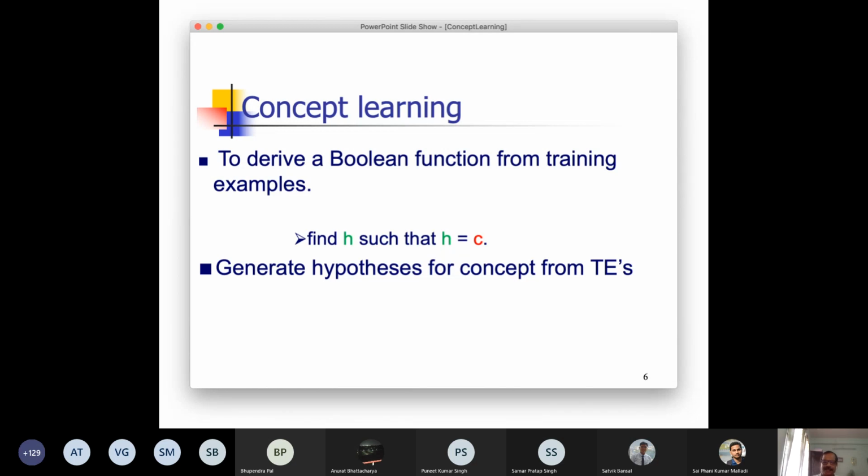But that is not our objective, and that is also not possible. That is not pragmatic. The whole input space will be observed, and then you learn. That is a kind of trivial learning.